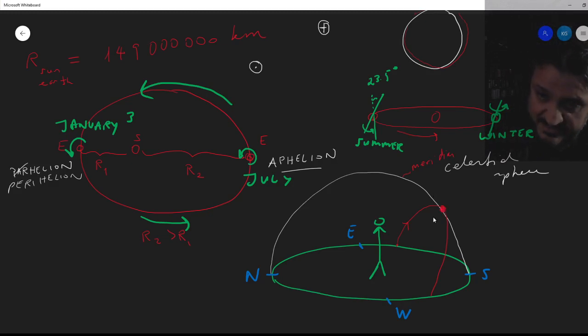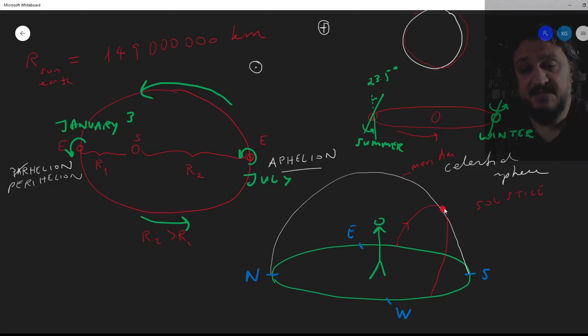Okay, you see the sun right there. That's winter. Actually, December 21st, that's the winter solstice. That's the position here at noontime, lowest in the sky.